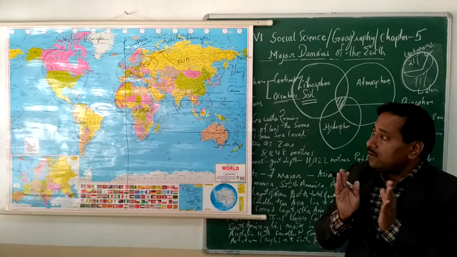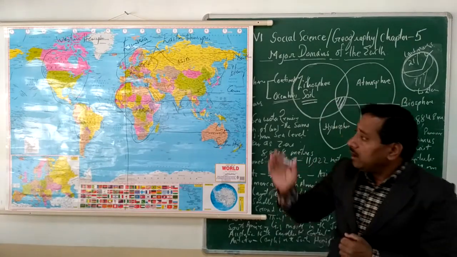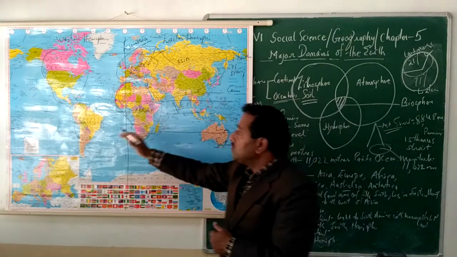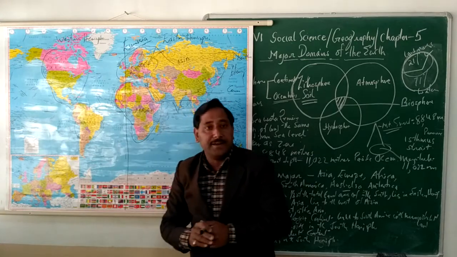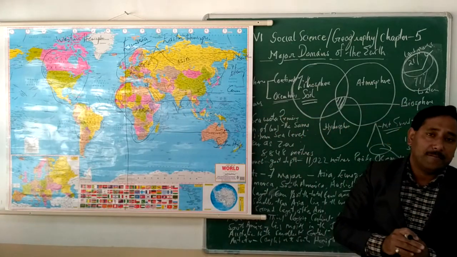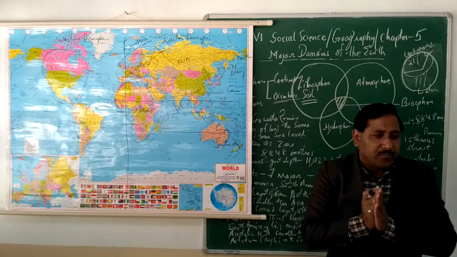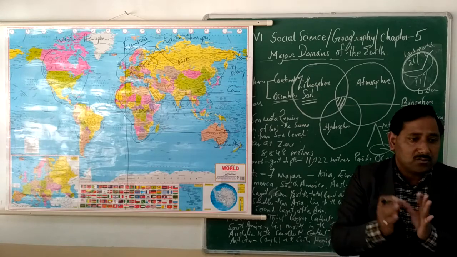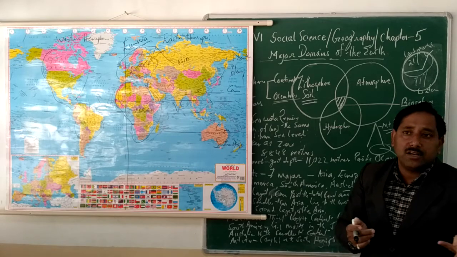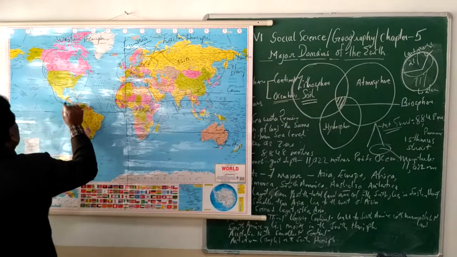If you look at the world map properly, the continents of North America and South America are linked by a narrow stretch of land. What it is known as, we will discuss. North America is linked to South America. You can see over here. This is the link.